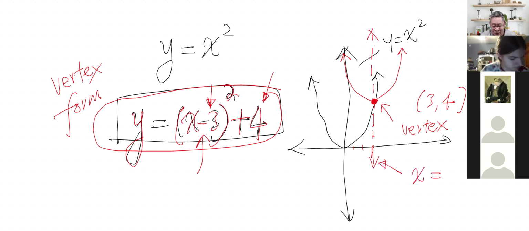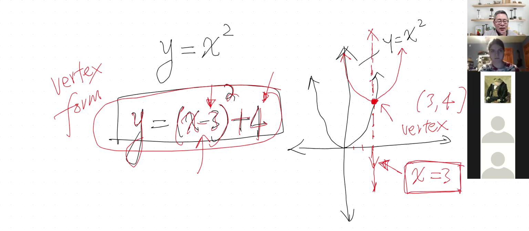Now, x equal to 3, when we did algebra 1, was just one number. But in algebra 2, x equal to 3 means a line, because our context is the xy coordinate plane. On this vertical line, y can be any number, but x is fixed. X is always 3. That's why this describes a vertical line. Good?